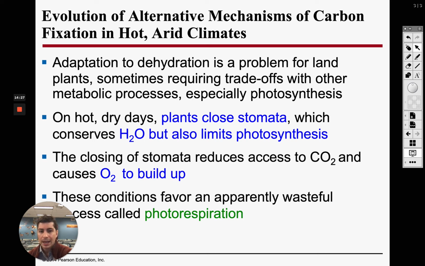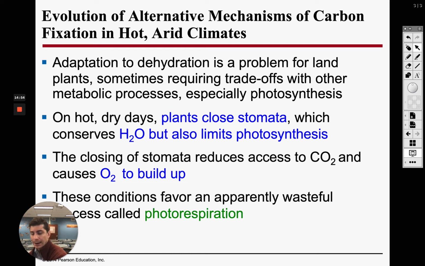However, as the plant opens its stomata, the problem is if the stomata is open, the plant can also lose water, which we don't want, especially on hot days. It's very easy for the water to just leak out of the plant, evaporate, that type of thing. Without water, we can't run the photosystems.